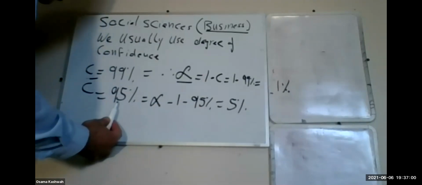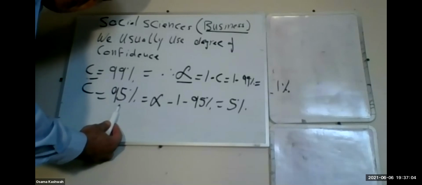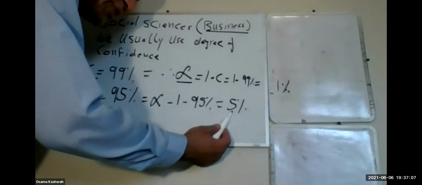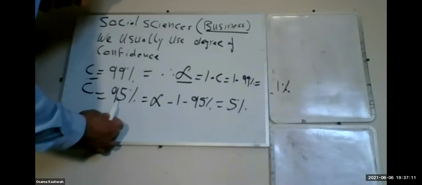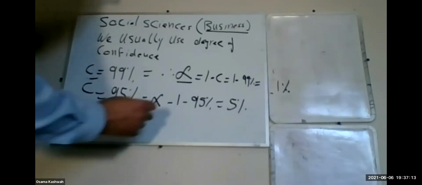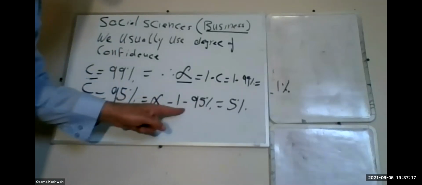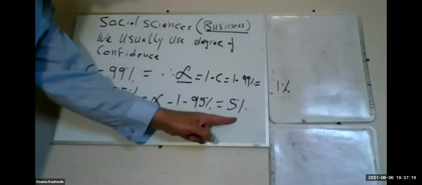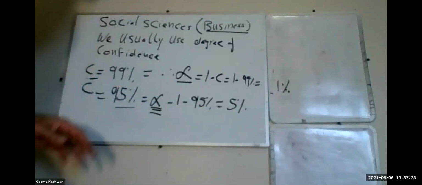Same example like before. If I say I will pass by you 95%, that means I will not be able to see you today with 5%. I'm sure I will pass by you by 95%, but for the alpha, 1 minus 95%, 5%, I'm not sure that I will come to see you today.